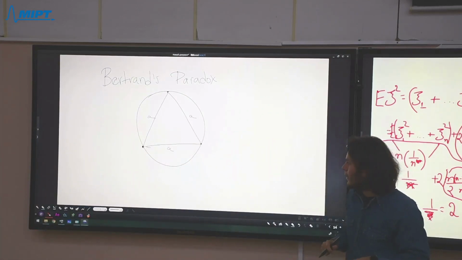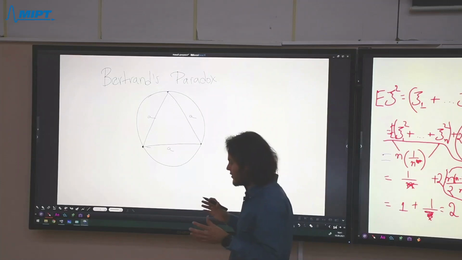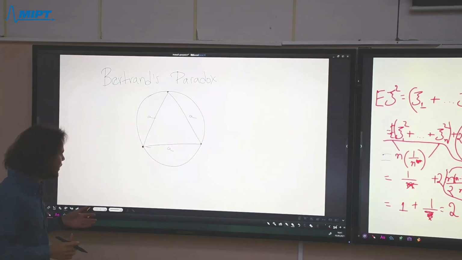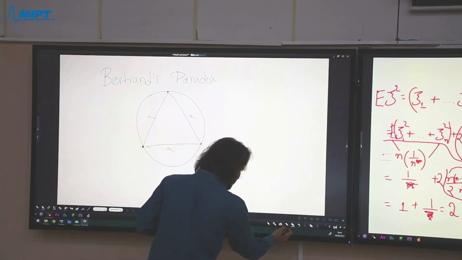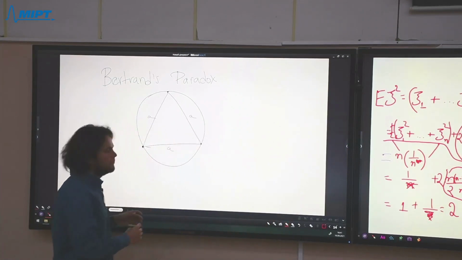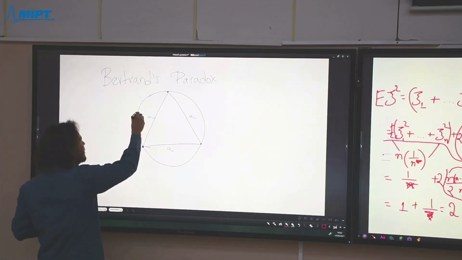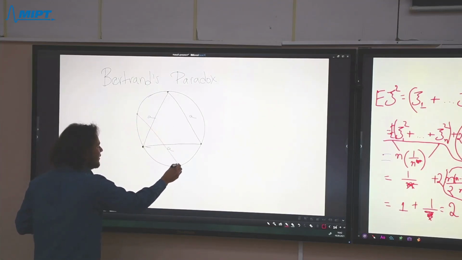It says the following. What's the probability that if we take some random chord, right, a chord.